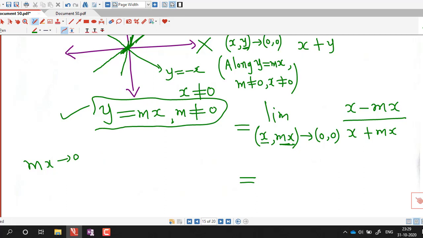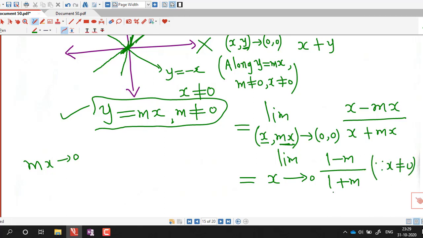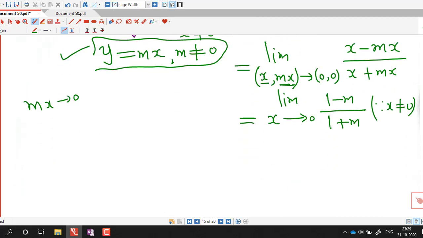So we can see m is non-zero, and from this we have limit x tends to 0, and here we can cancel out x because x is non-zero. So we are left with 1 minus m over 1 plus m. Now there is no x term here, so it is constant, and limit of constant is constant itself.